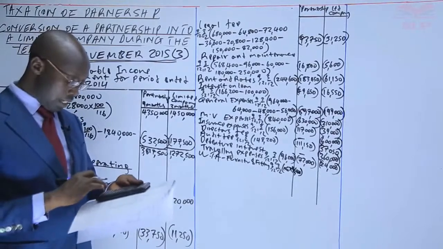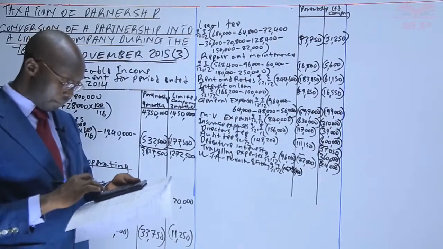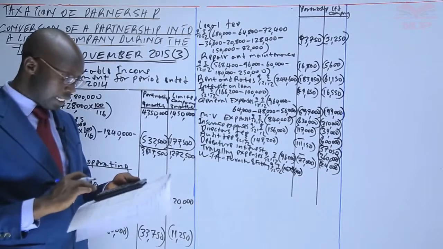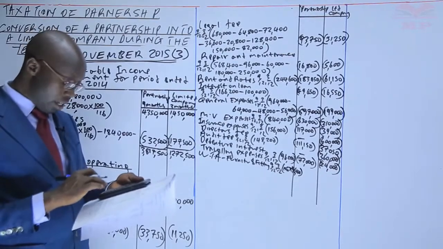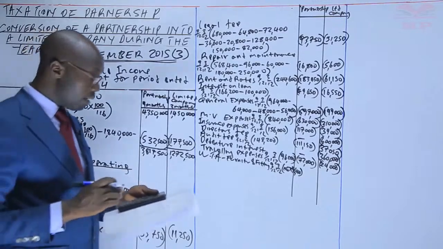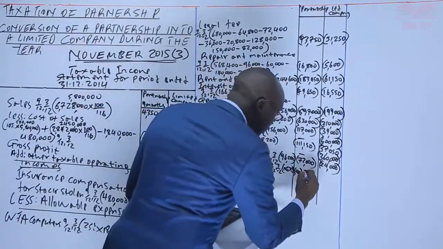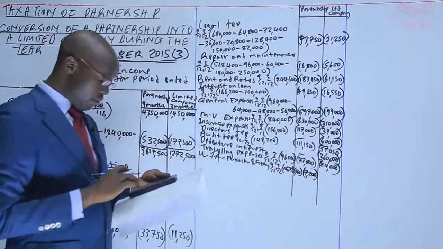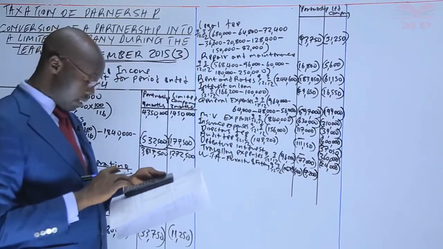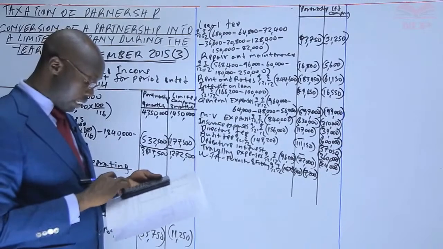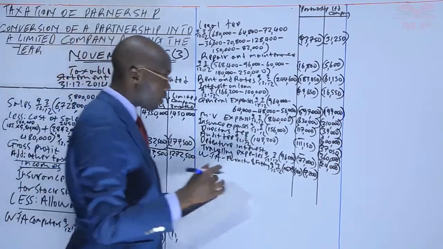So we take 10% of 96,000. That gives us 9,600. Then we multiply by 9, divide by 12, 72. And then we do the same. 3 divided by 12 times 9,600 gives us 2,400.